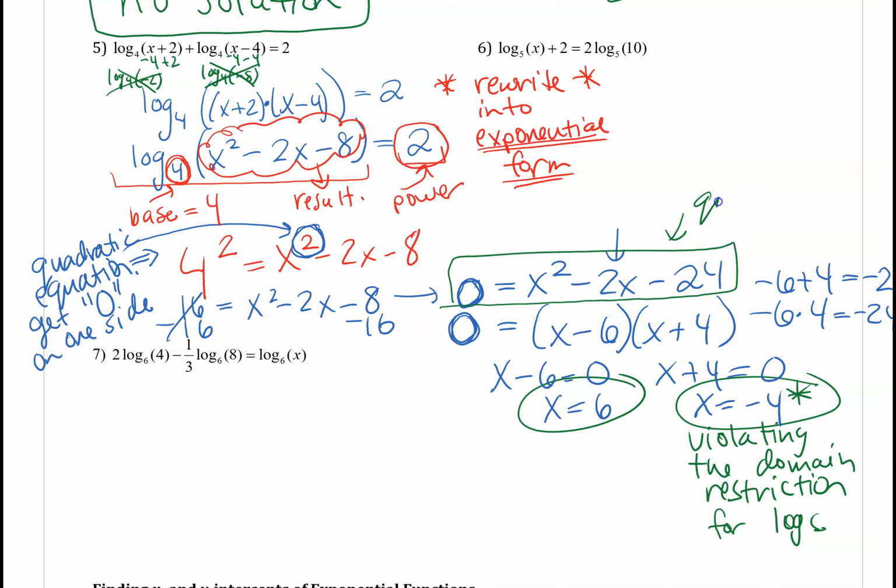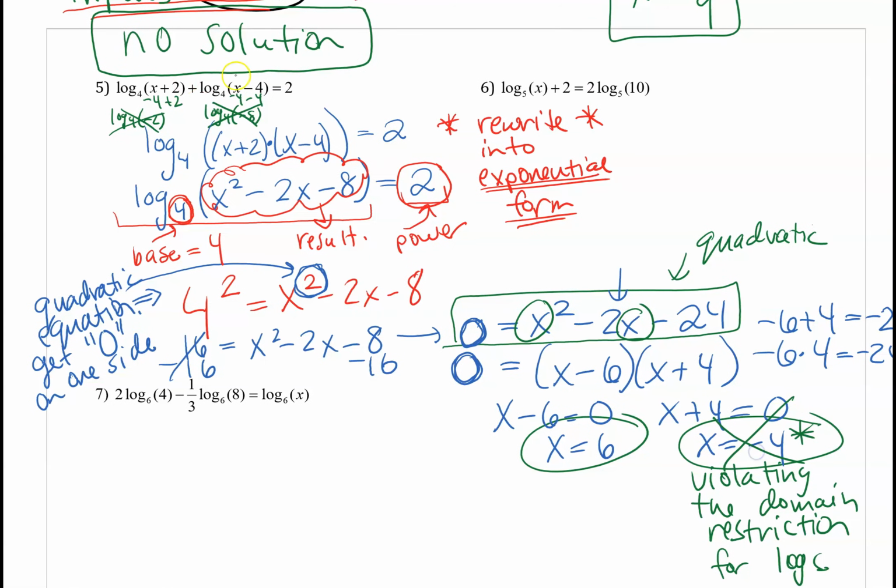This is a quadratic equation. So quadratic equations are allowed to have inputs that are any real number. That's how I got this -4, but I'm going to cross that out because really this was inside of a log. The x values were inside of a log, and the insides of a log cannot go negative. They have to stay positive. So I only am allowed to have one solution for number 5, and that one solution would be x equals 6.